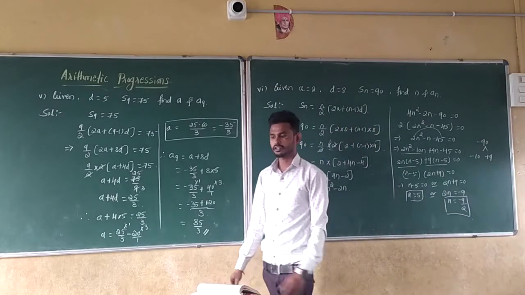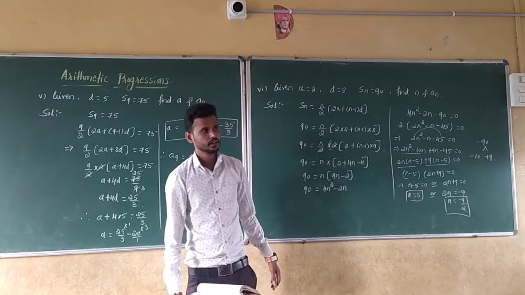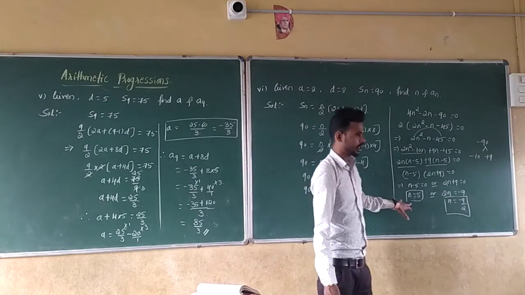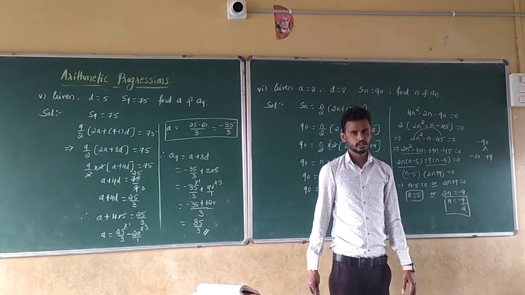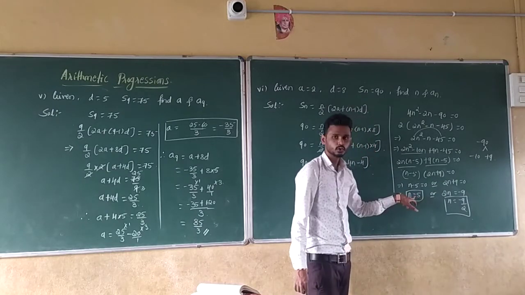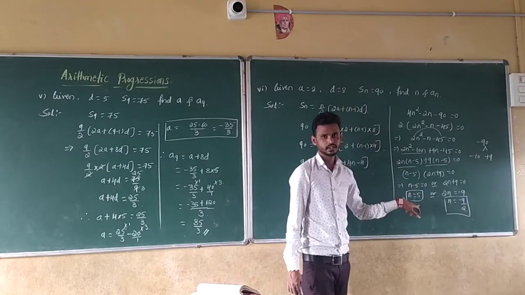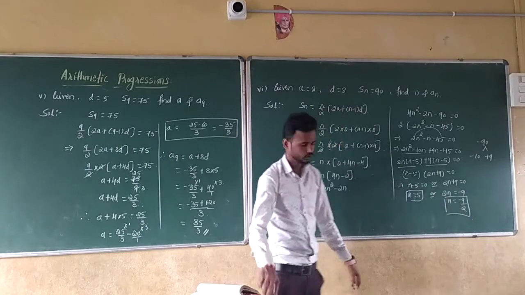In that, which one is the correct answer? The n means terms. Terms are always positive integers. So n equals 5 is the right answer. The other one is wrong. So write that.